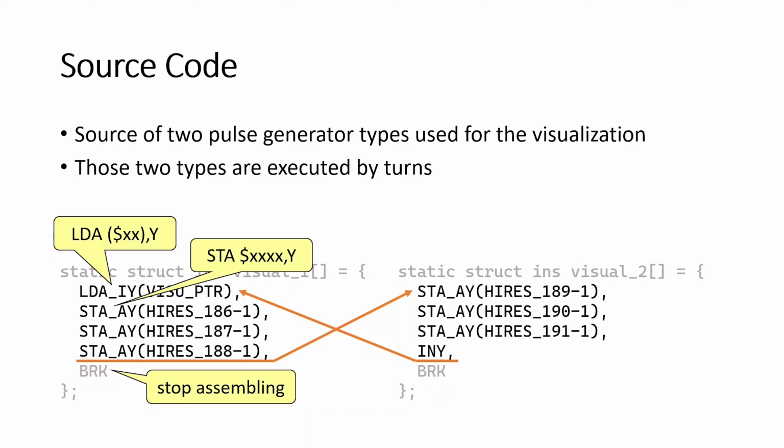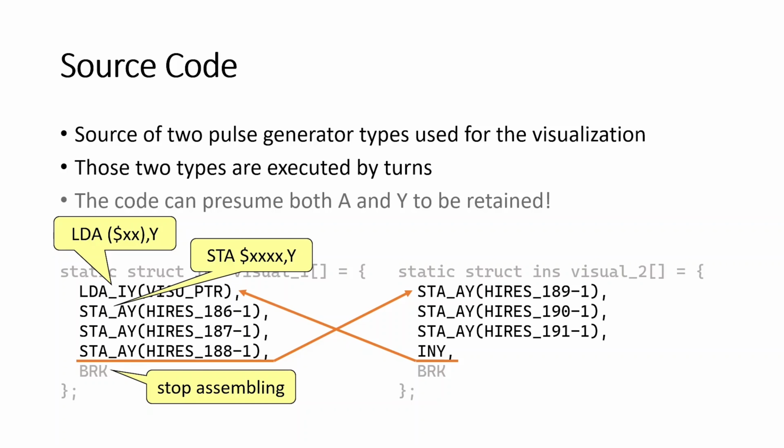It loads the accumulator from a zero page pointer and then stores the value in the 6 bottom lines of the high-res page. And finally, it increments the epsilon register and starts all over. Please note that the code can presume both A and epsilon to be retained between the execution of pulse generators.